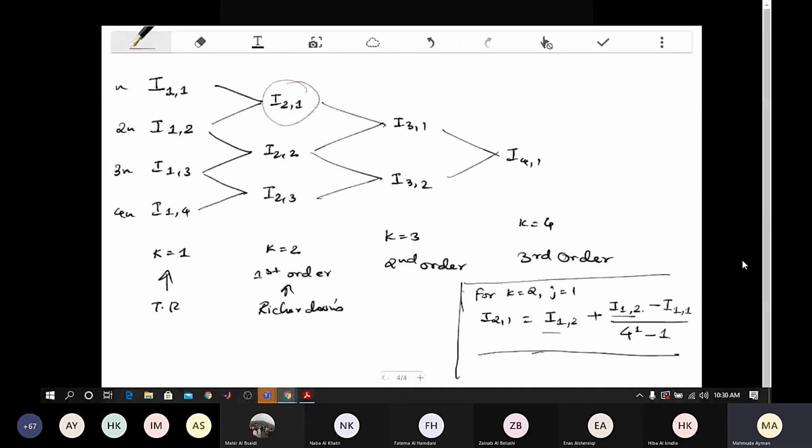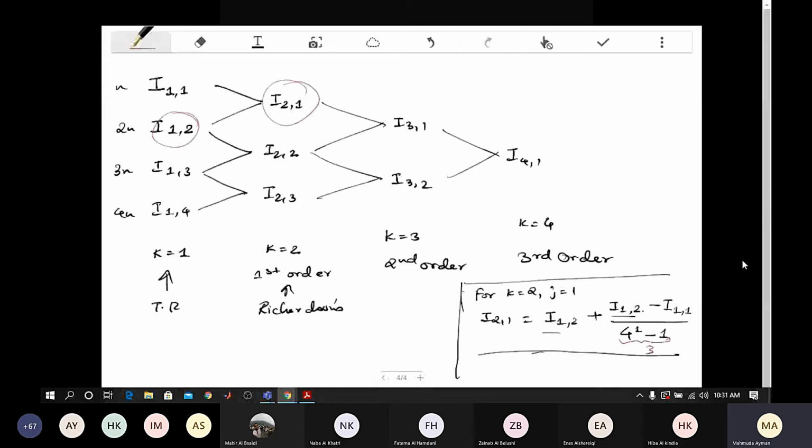When we're deriving the formula for I2,1, we are using I1,2 first, and then subtracting I1,2 minus I1,1, divided by 3. So is your doubt clear now? Yes, miss, thank you. You're welcome.